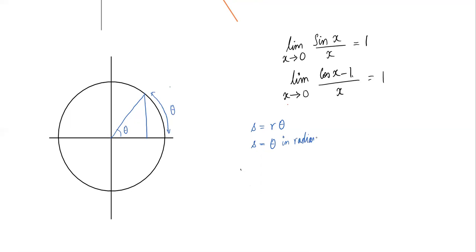Let me make that clear. This angle theta is the same as the arc length theta, okay? So then we have sine theta is opposite over hypotenuse. We don't know what the opposite side is, but the hypotenuse is the radius, which is 1, because it's a unit circle.